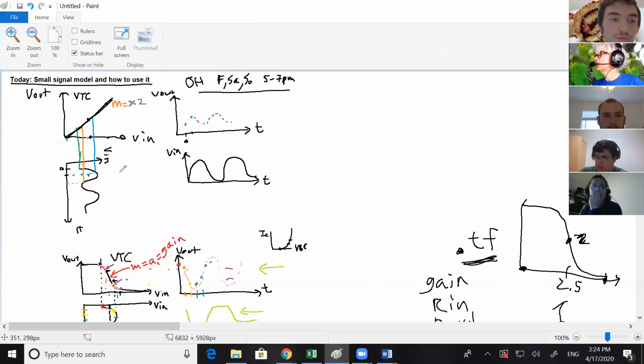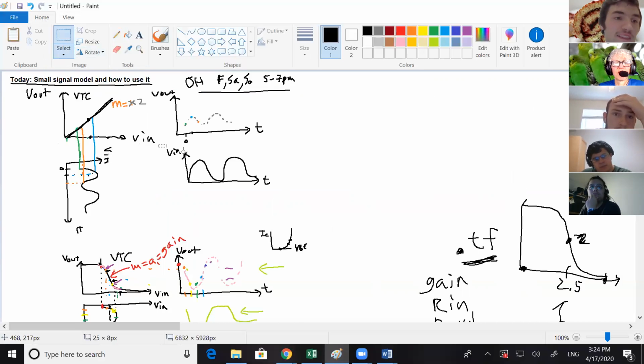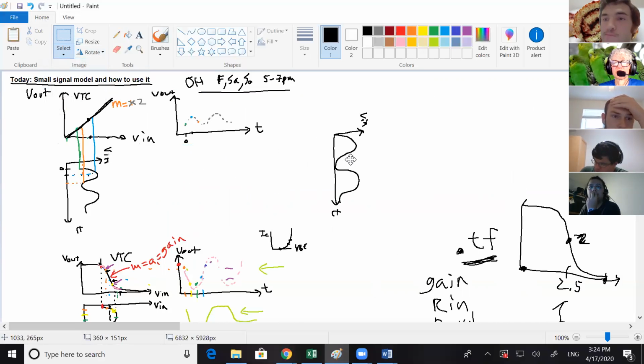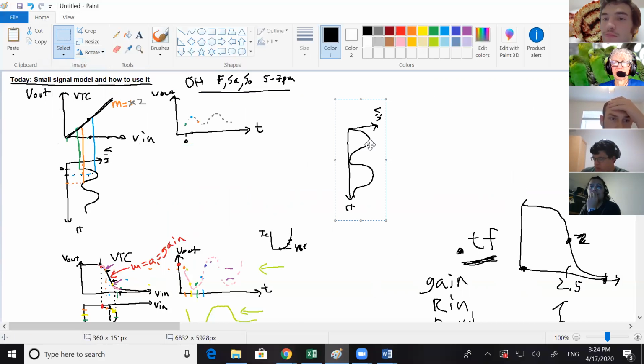Can you still see it if I make it this small? So what I did was take this graph and rotate it as my input. I'll rotate this back.